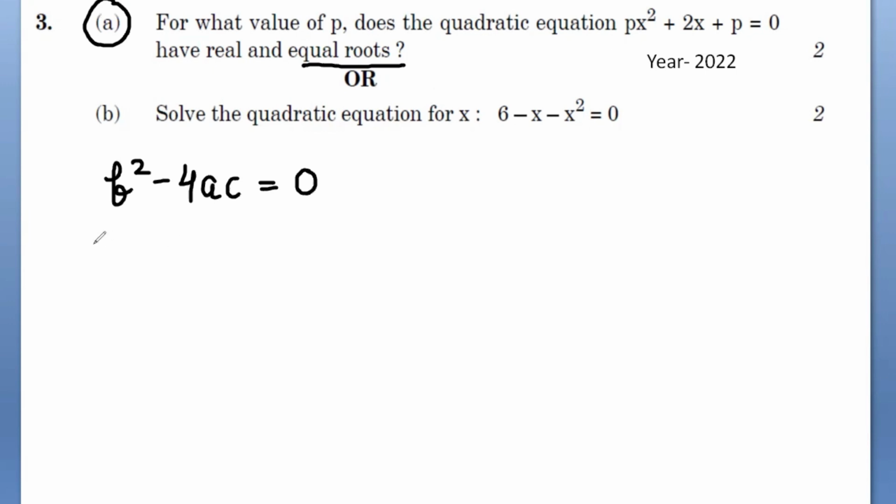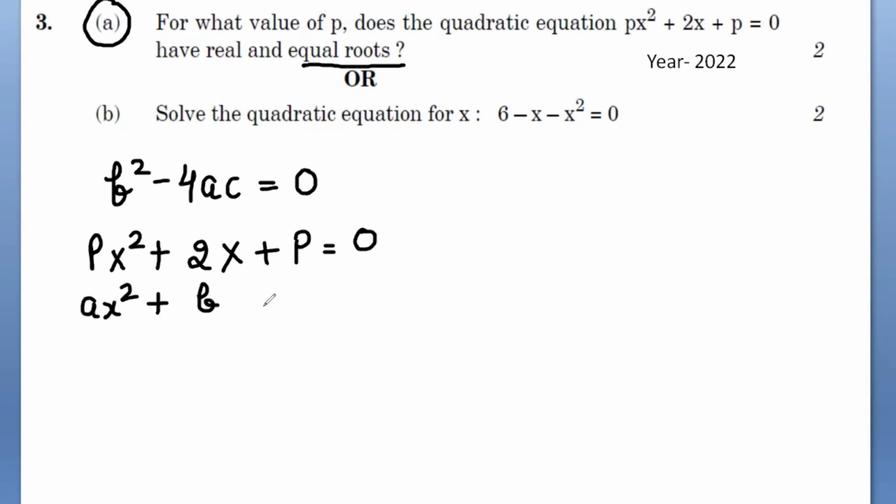For that, we first need to find the values of a, b, and c by comparing this equation with ax square plus bx plus c equals 0. You already know the value of a, yes, it's p. The value of b, yes, it is 2. And the value of c, yes, it is p.